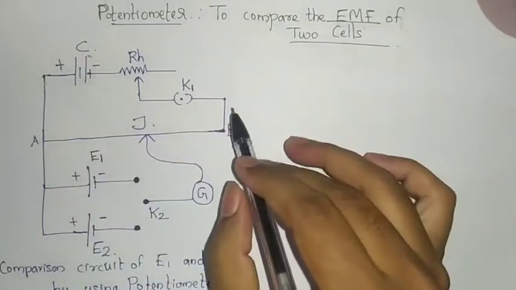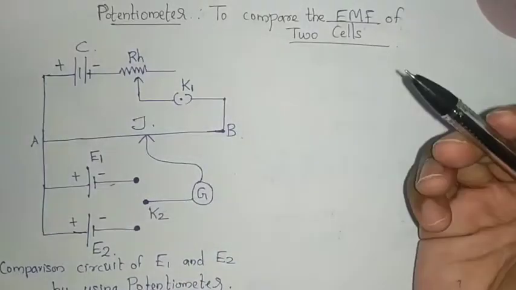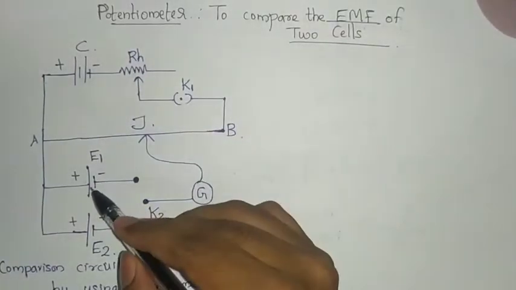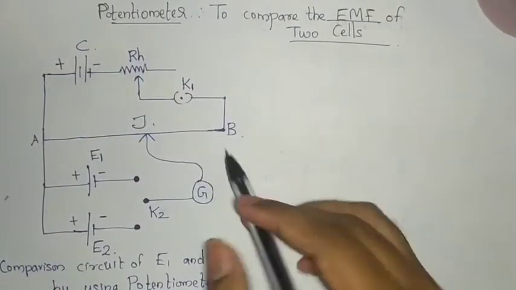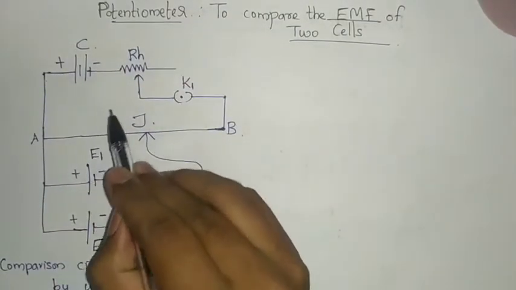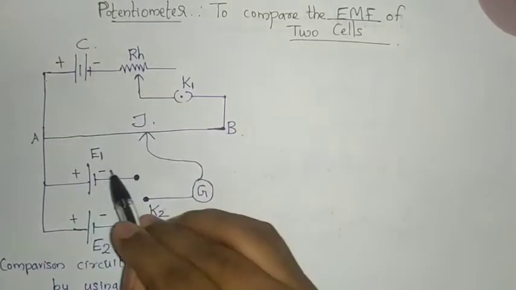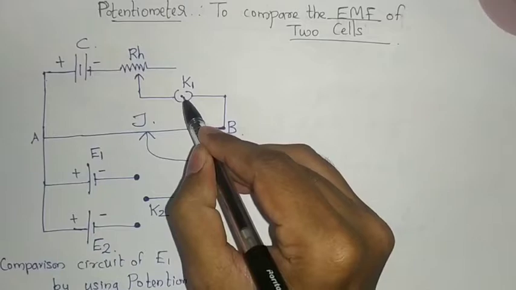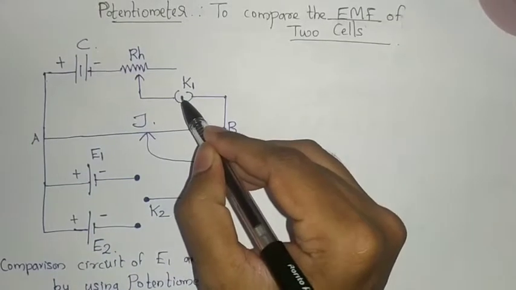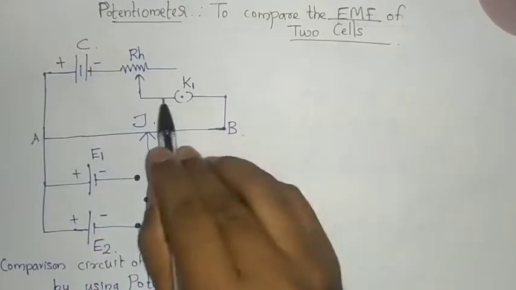So let's see how we can compare the EMF of two given cells by using this circuit. First of all, the circuit should be completed as shown in this figure. Now you have to put the key K1 so that we will allow current into the main circuit.